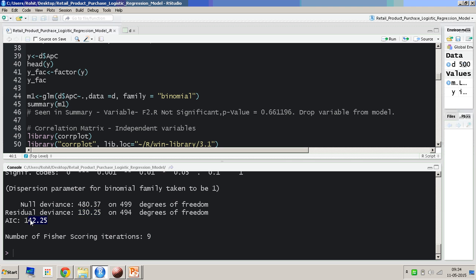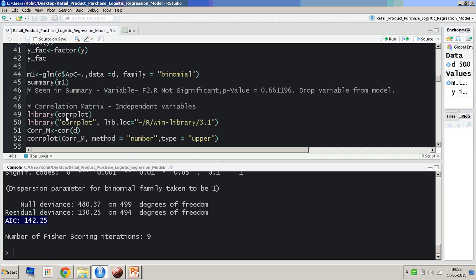But what we need to be aware of is the AIC value, which is 142.25 over here, should be lower for the model that we choose as the significant model amongst all the models that we'll test. So the AIC value is one particular indicator which will help us understand which model is best, comparing amongst models.